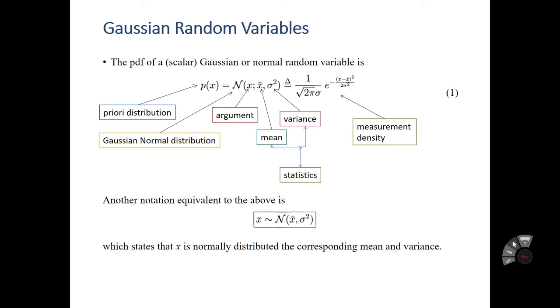So P of x, our prior distribution P of x, equals Gaussian normal. This notation is known as the Gaussian normal distribution, having the argument x and mean and variance equal to this. This we can say is the density measurement or measurement density. These mean and variance are our statistics that we calculate when we talk about the tracking system.